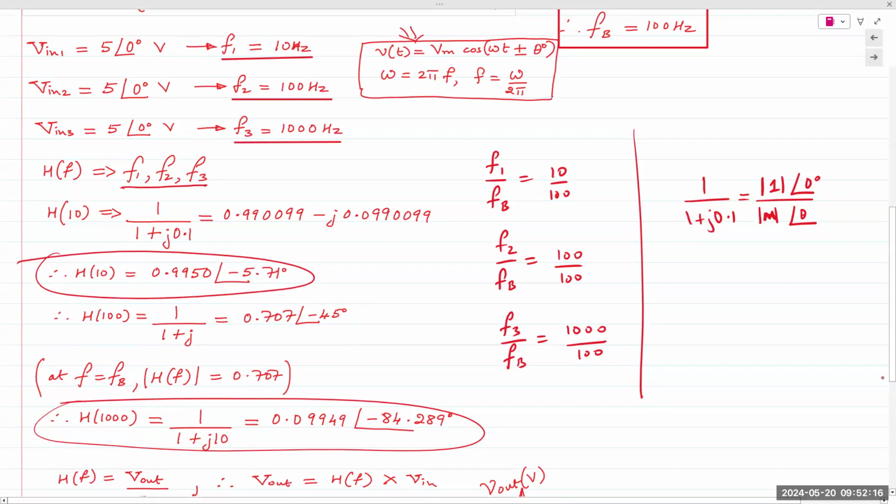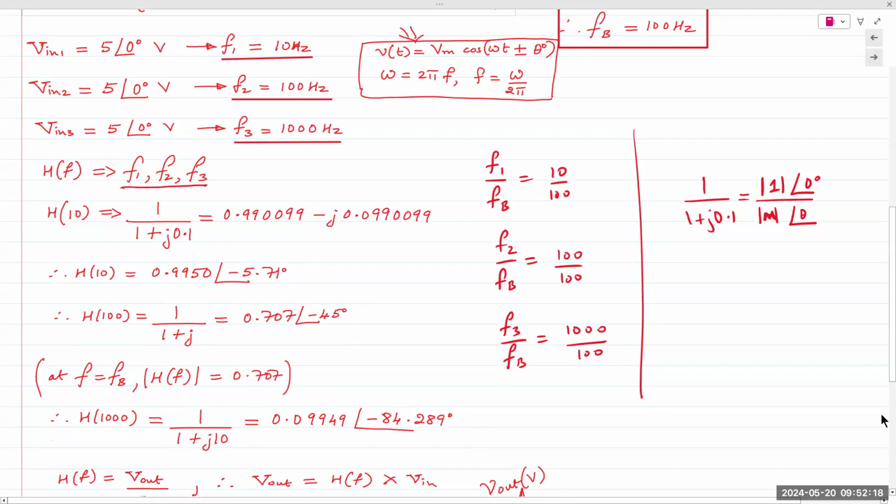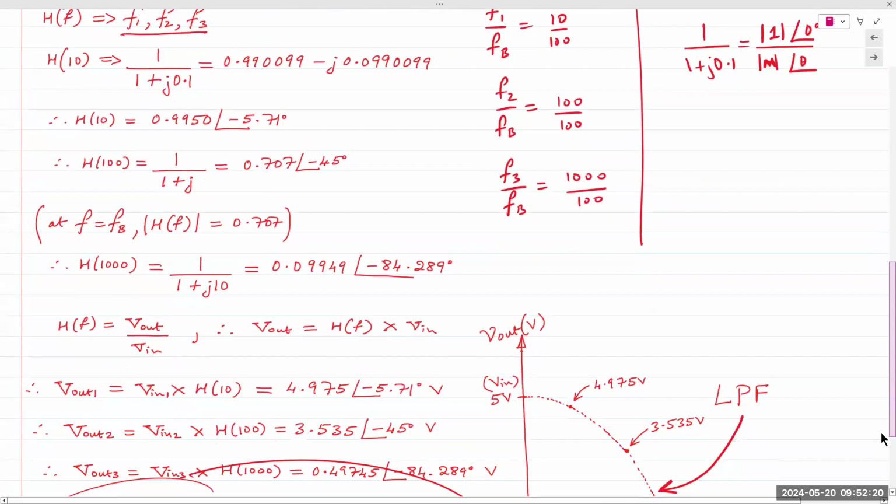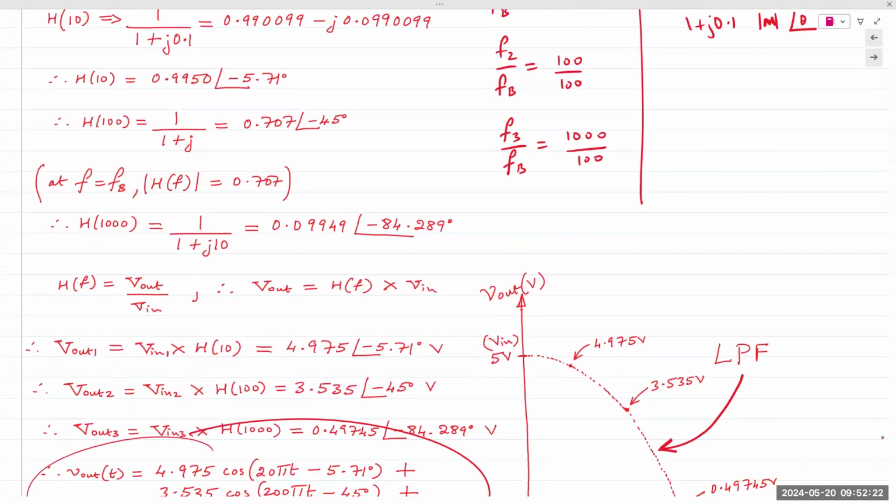Okay. No matter what kind of filter it is, if your input signal has a frequency that is equal to the break frequency, your magnitude will always be 0.707 and your phase will always be minus 45 degrees.